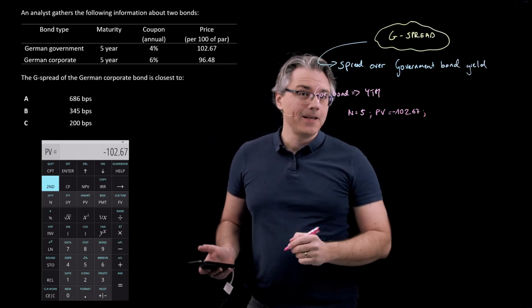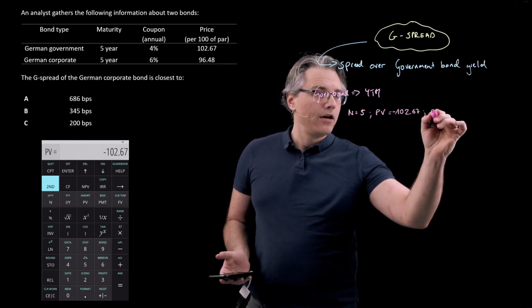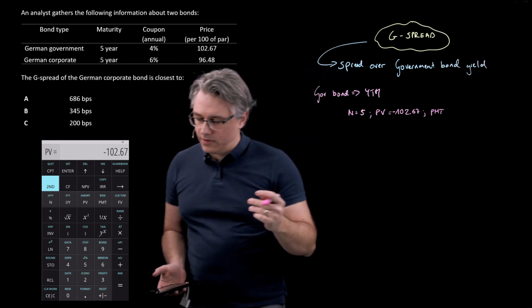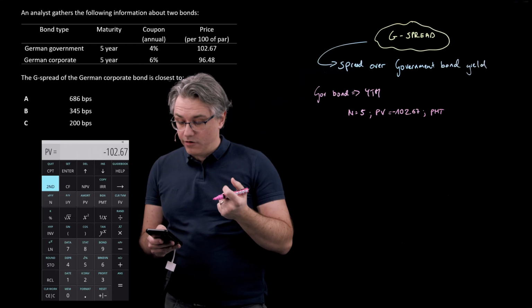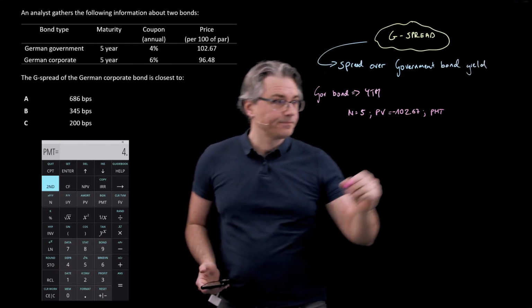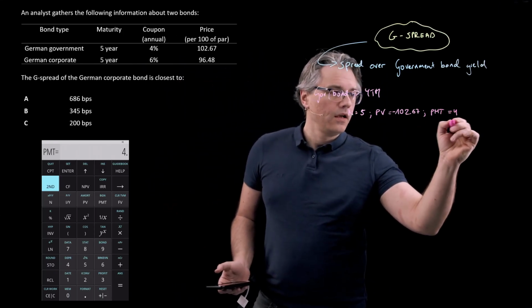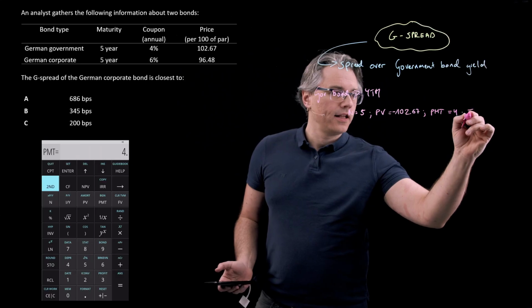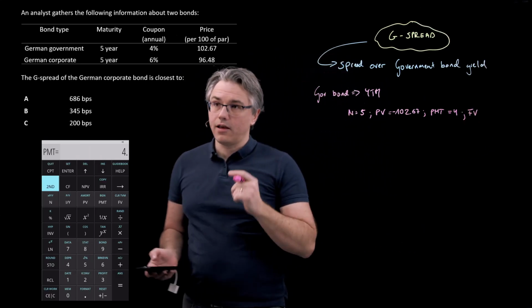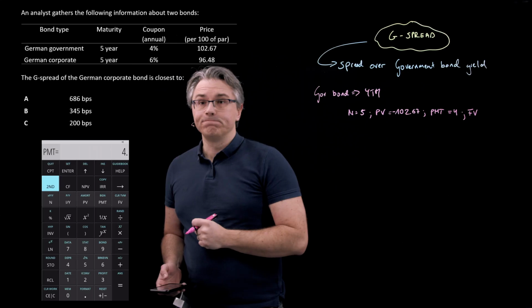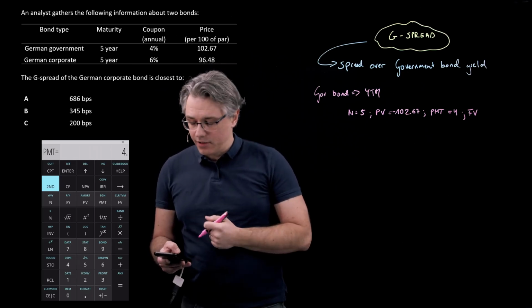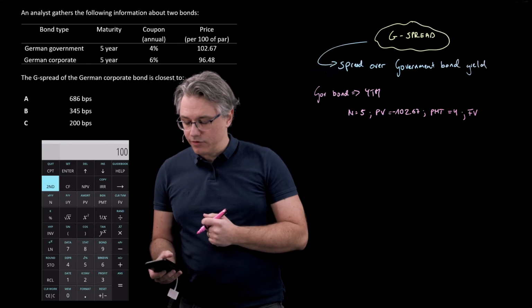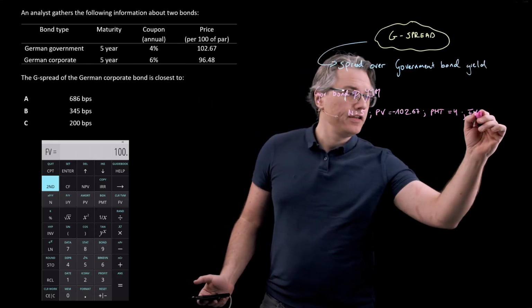Now, in terms of the PMT, that's going to be the coupon. I'll set this at the coupon for the German government bond, which is 4% or 4 PMT. And obviously, I need to tell the calculator what future value is going to be, so how much this bond has in terms of par value that we get at the end of its life, and that will naturally be a nice round 100. So 100 for FV.